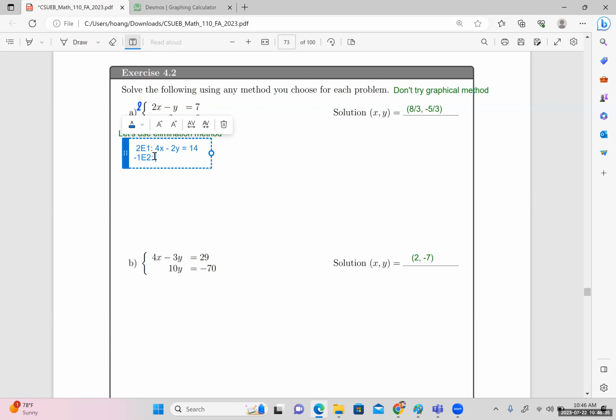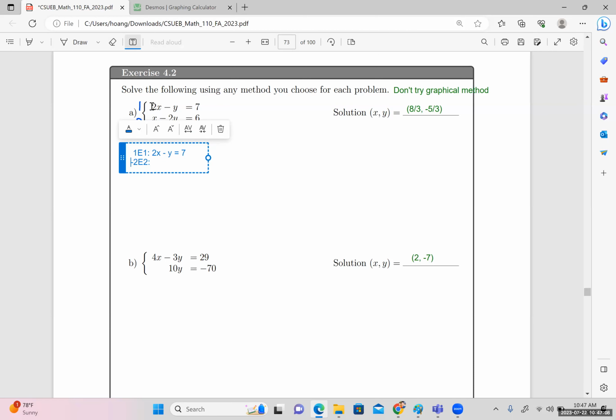So you want to have what? I made a mistake. I should cross multiply this way. 2 here, 1 here, right? Sorry. So let's change this. So if it is 1 here and 2 here, there should be 2x minus y equal to 7.